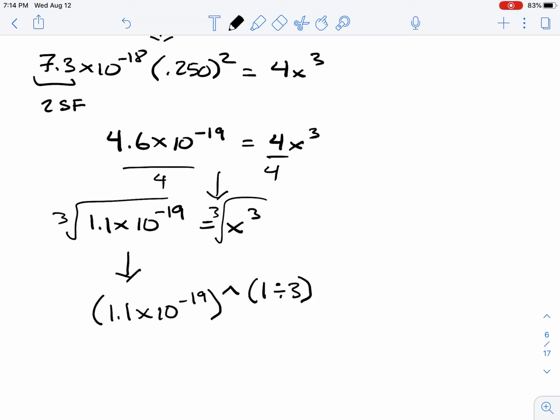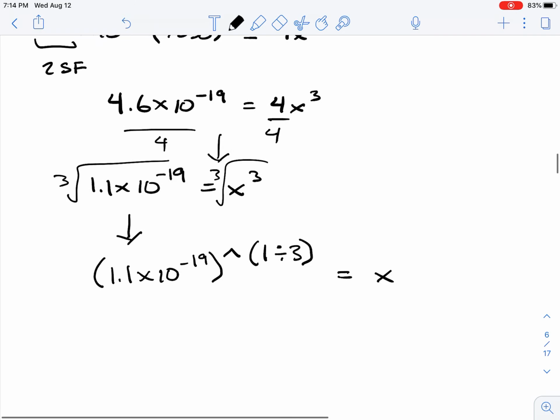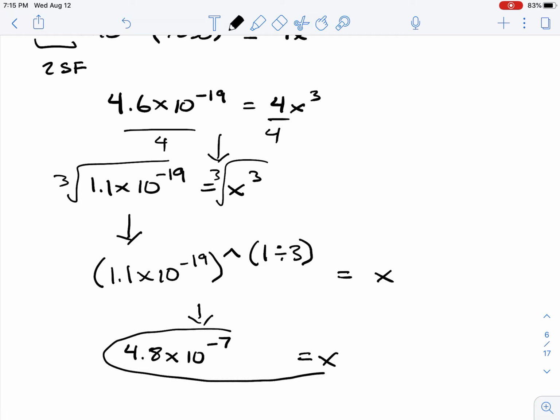Okay, so that's the same thing as a third root. Okay. So that's going to cancel that term. And so what I get is 4.8 times 10 to the negative 7. So this is going to be my value for x.